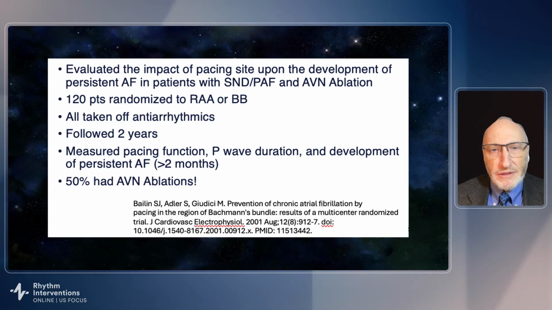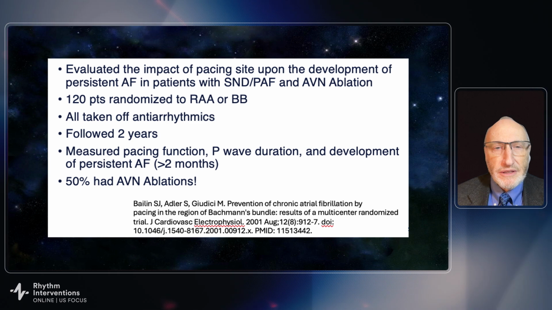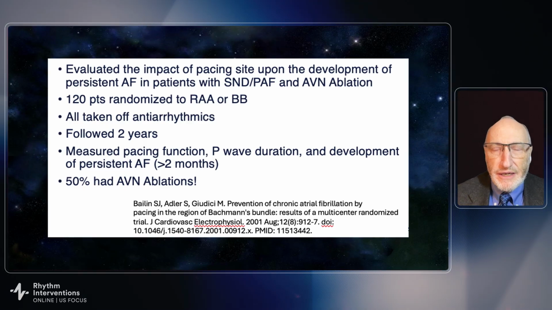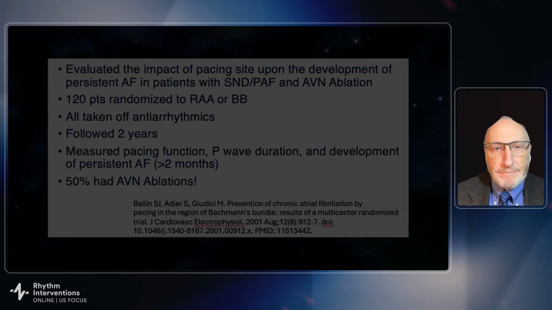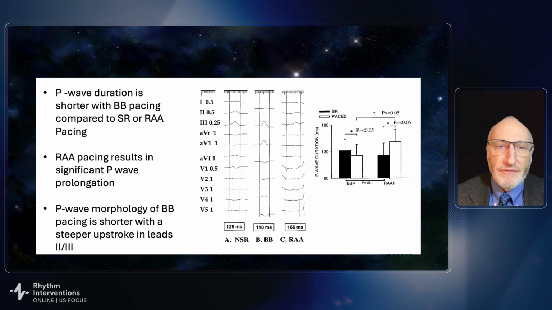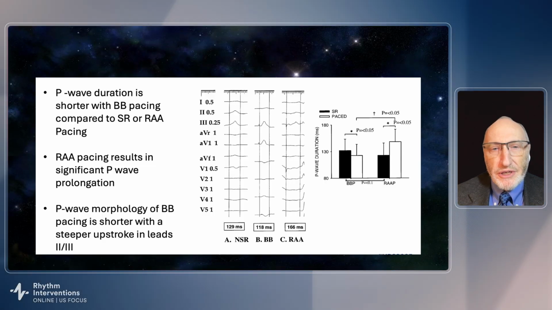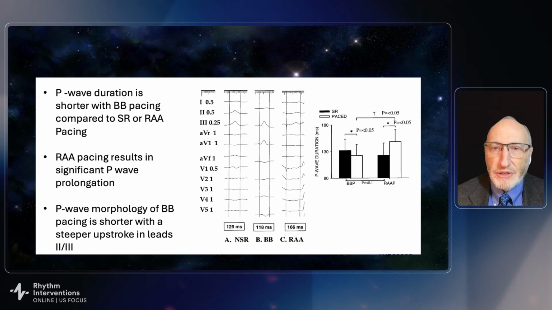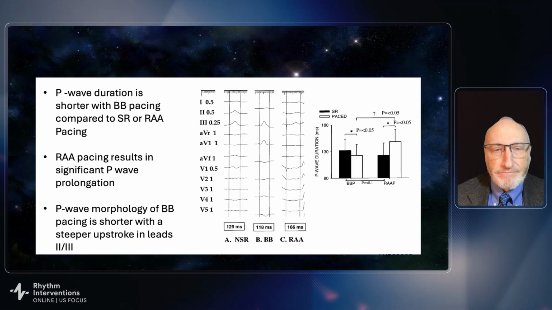Subsequently, we did a randomized trial to look at the outcome of patients who received Bachmann's pacing, who had a history of atrial fibrillation, and compared it to right atrial appendage pacing. Approximately 50% of those patients had AV nodal ablations. What you can see is the data demonstrated that Bachmann's bundle pacing resulted in a shorter P wave duration compared to sinus or right atrial appendage pacing.